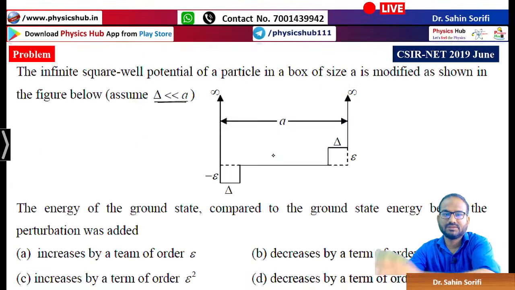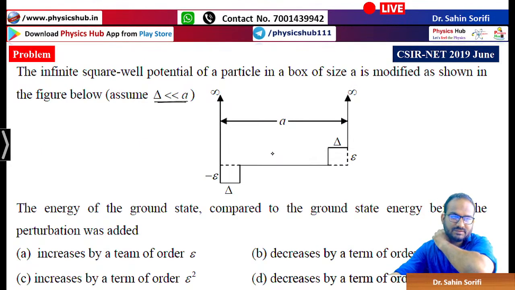So what you have to find out is the perturbation.